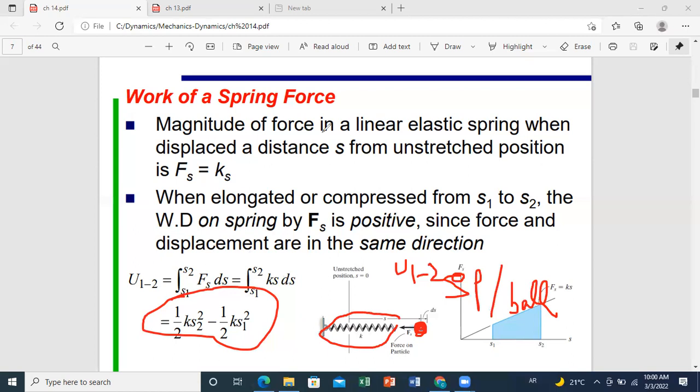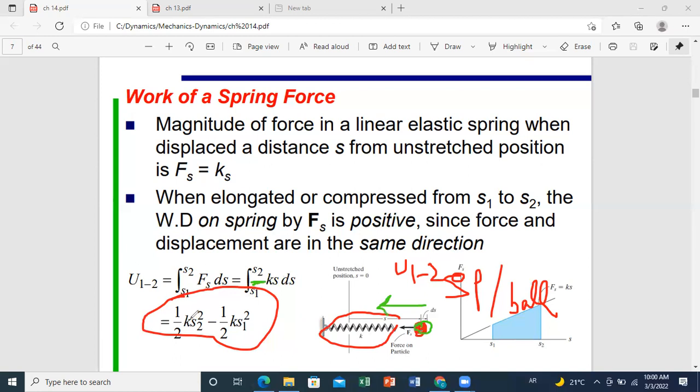I take the opposite. Why? Because by action-reaction, the force of the spring on the ball will be opposite to the force of the ball on the spring. So now if I consider the ball as my system, I will just take the opposite force, which is minus ks ds.